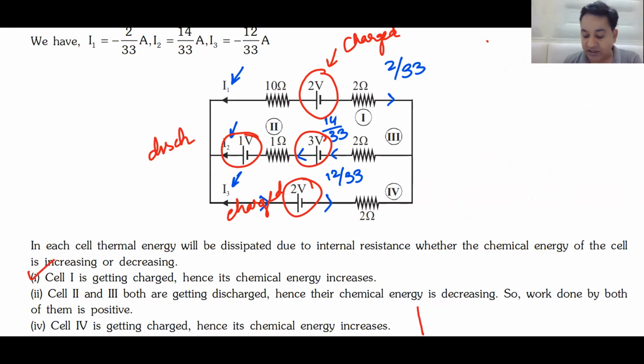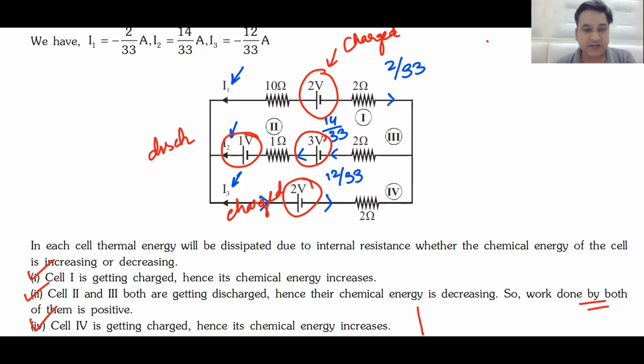Cell 1 is getting charged, chemical energy increases. Cell 2 and 3 both are getting discharged, it's decreasing, so work done by them is positive. Cell 4 is getting charged, its chemical energy increases. And then you can match with their options.